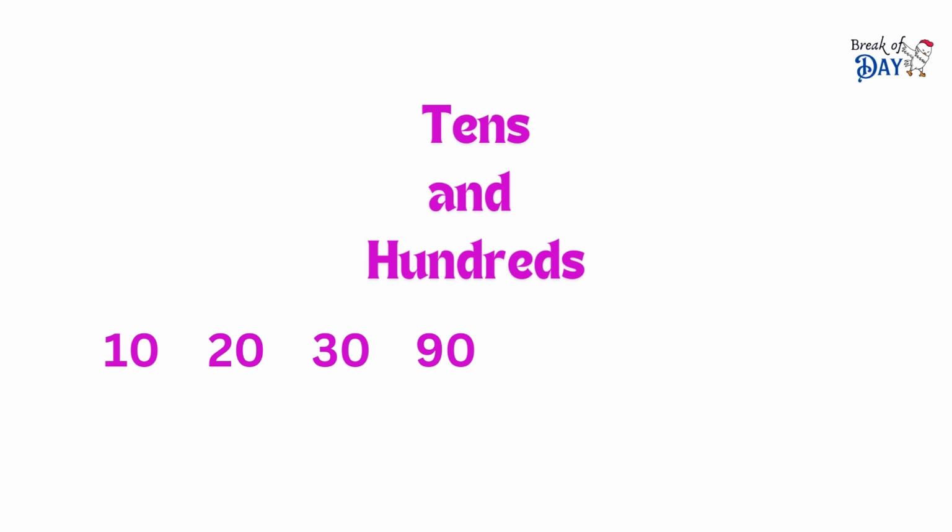For example, 20 is 2 tens and 50 is 5 tens. Now hundreds are the same concept. 100 is 100, 200 is 200 and so on. Just like with the tens, every step in hundreds adds another 100 to the count. This understanding will help you in reading and writing large numbers confidently.